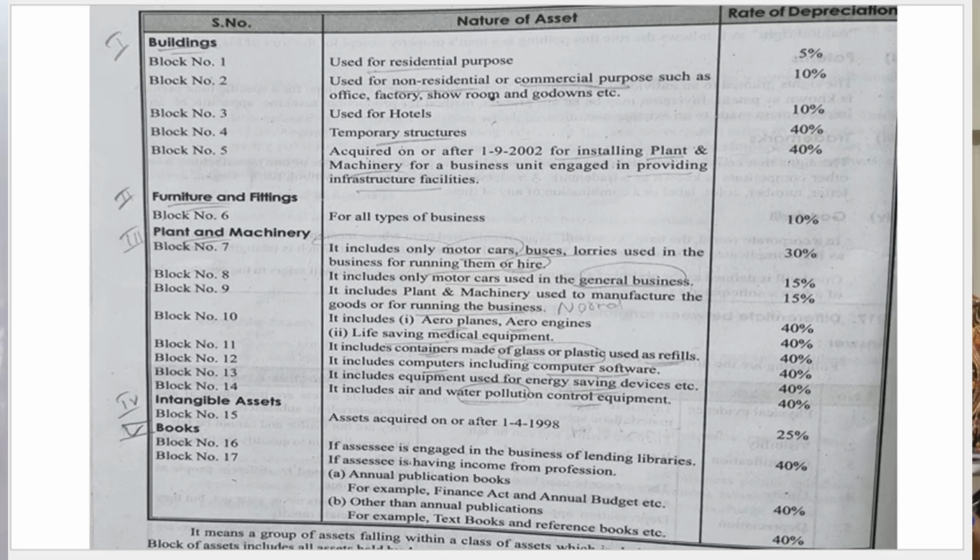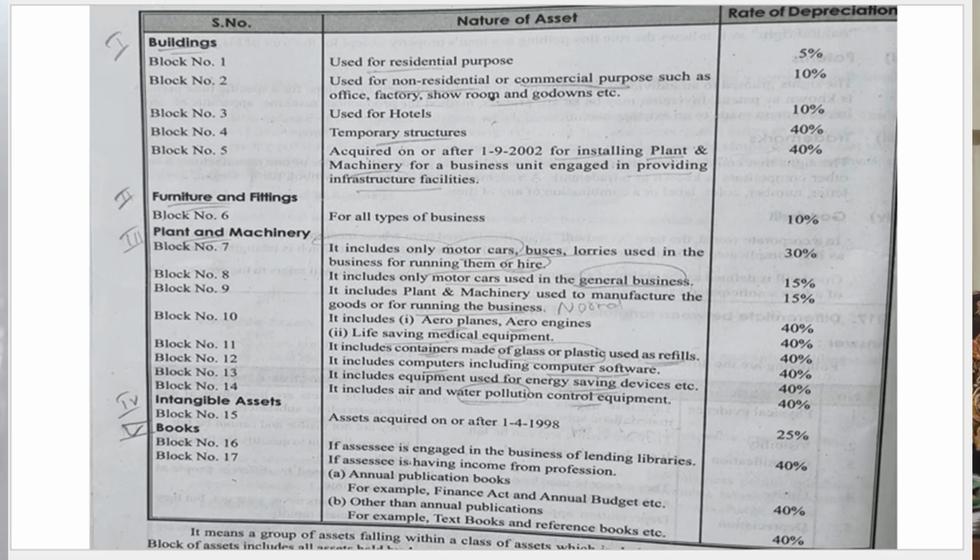Block number 10 includes aeroplanes, aero engines, life-saving medical equipments. For this, 40%. Next, block number 11 includes containers made of glass, plastic used for refills, 40%. Block number 12 includes computers including computer software, 40%.